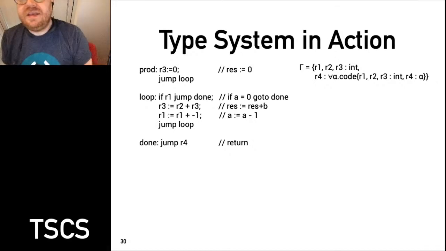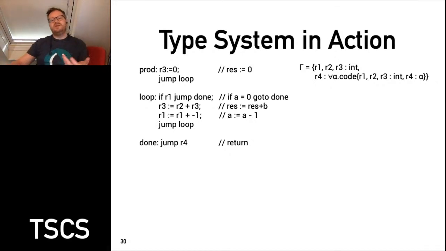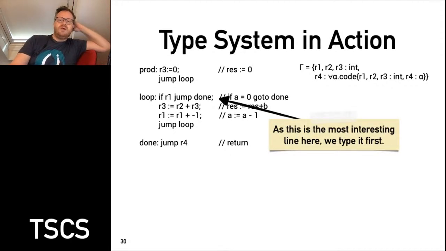So that can be any other code. This is why we need the universal polymorphic type, because we can use this function that we just wrote, this prod function, basically this whole block of code, at any other point if we match the assumptions given here. So this is why we need this alpha, so we can use any kind of code.